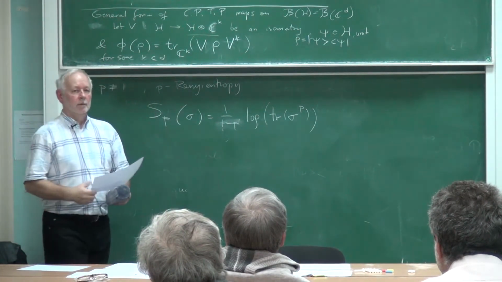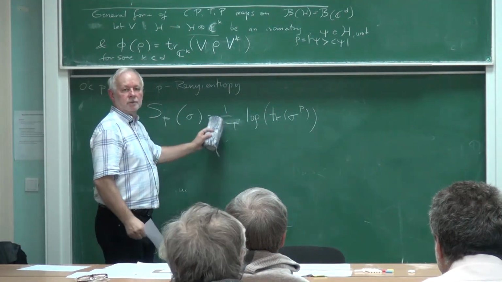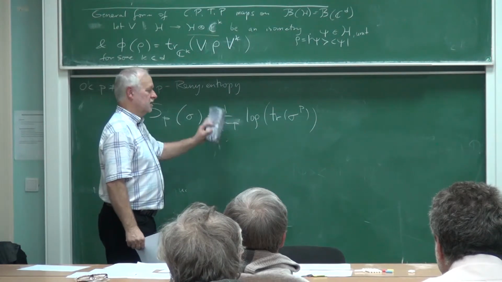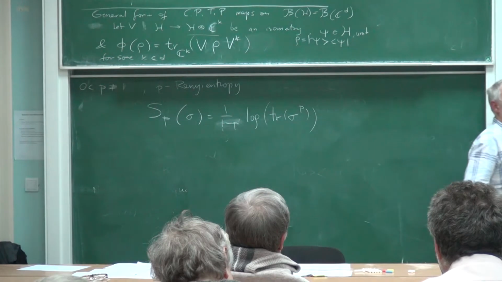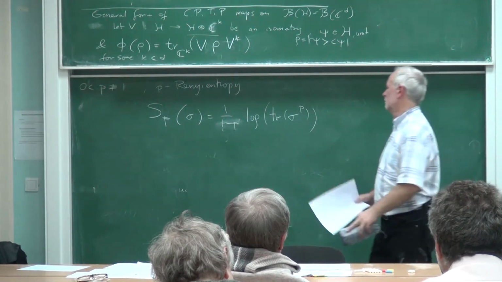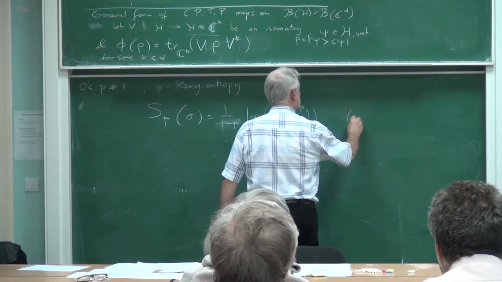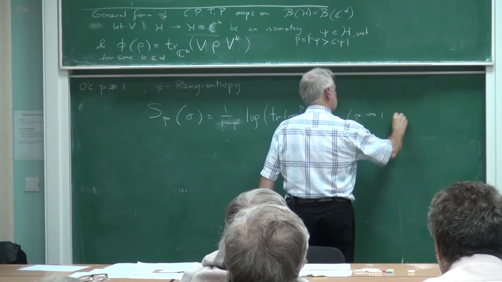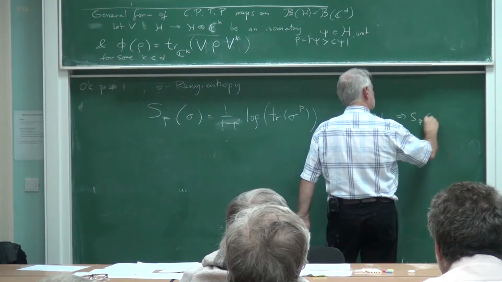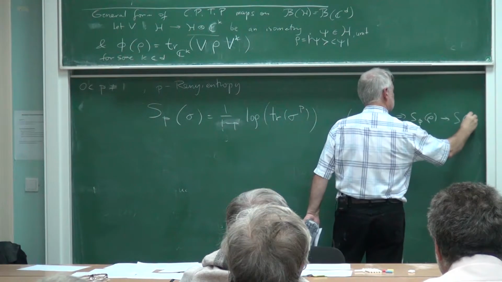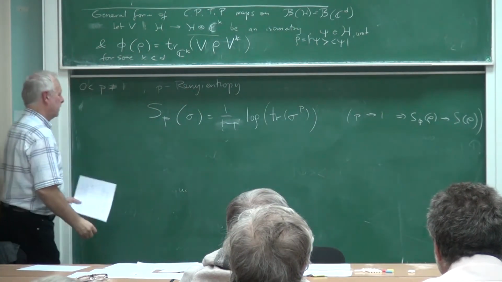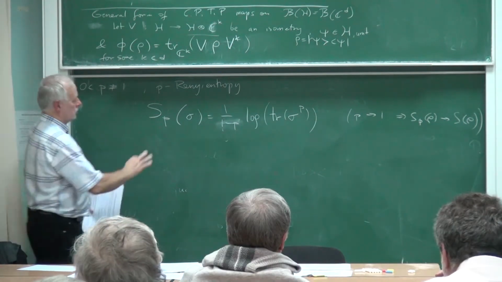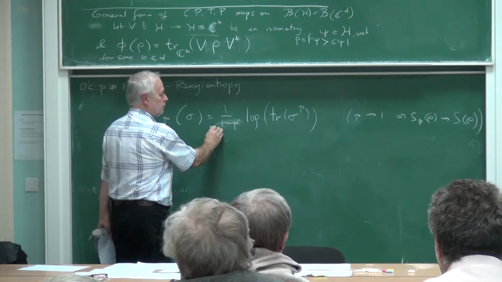The purpose of this factor is that as p goes to 1, the limit quantity is this one, right? So this is the purpose of this normalizing factor.